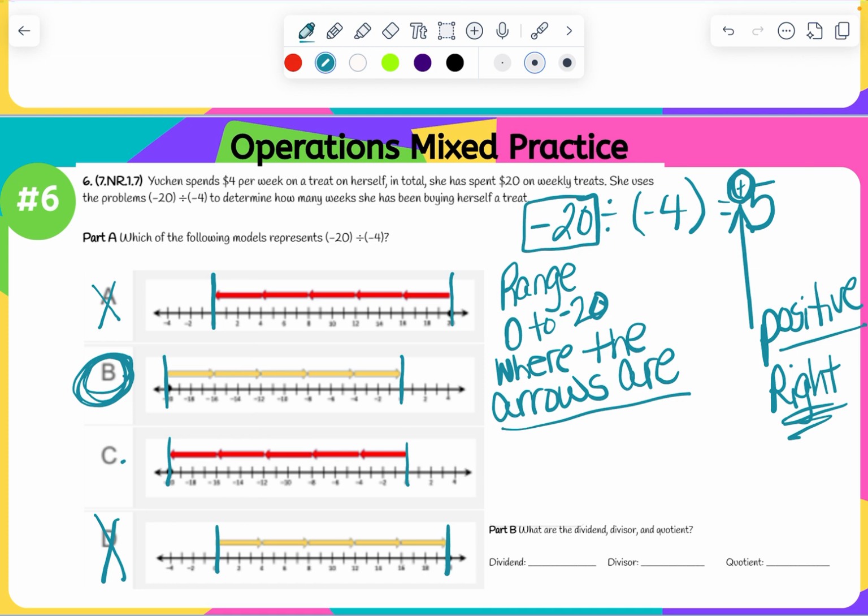And part B down here says, what is the dividend? The dividend is always going to be your first number in the problem. The divisor is the second one, and the quotient is the answer. So, there you go.